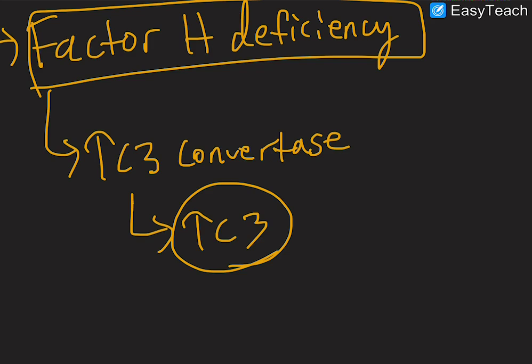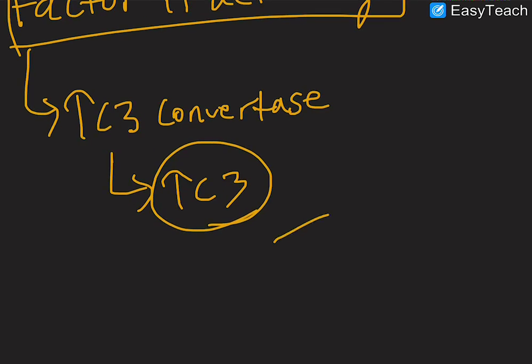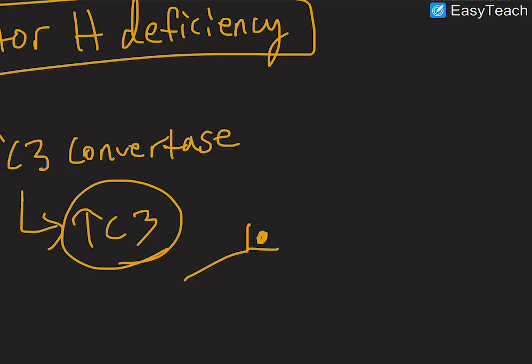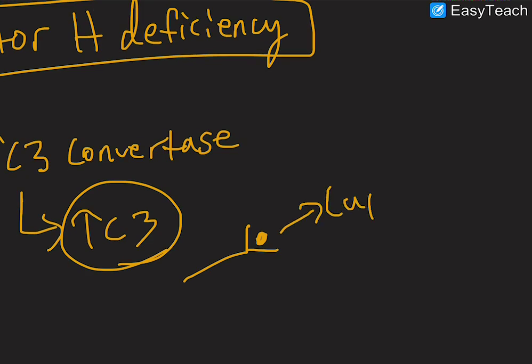But this is an important distinction to make, because immune complexes we see with something called lupus nephritis, which we'll talk about again on our renal playlist. It's a complication of systemic lupus erythematosus, SLE.